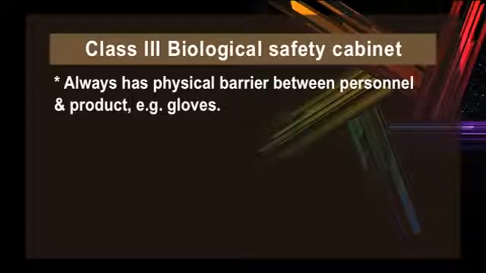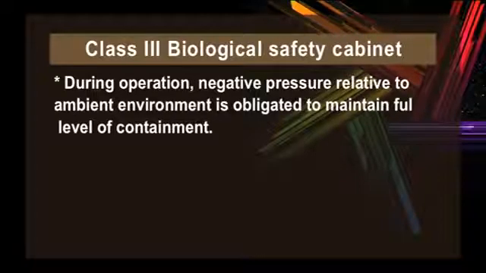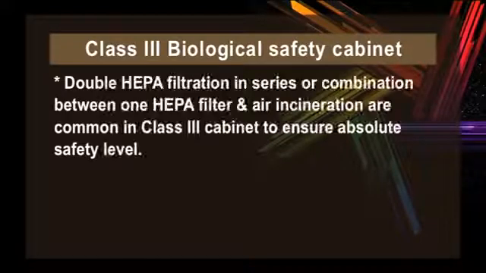Always has a physical barrier between personnel and product, for example gloves. During operation, negative pressure relative to the ambient environment is obligated to maintain the full level of containment. Double HEPA filtration in series or a combination of one HEPA filter and air incineration are common in class 3 cabinets to ensure absolute safety level.